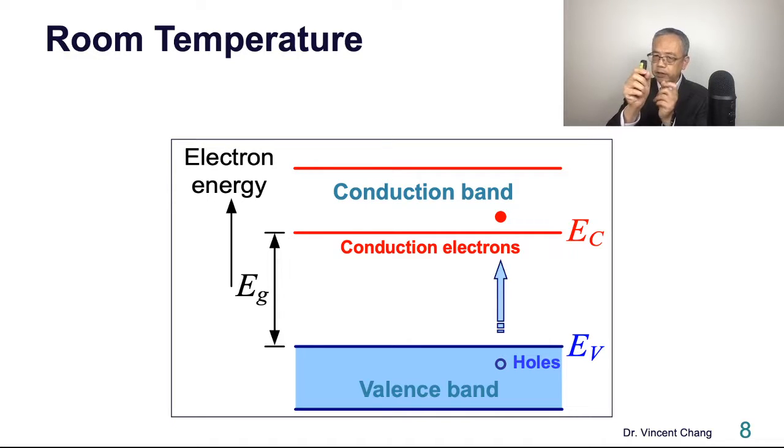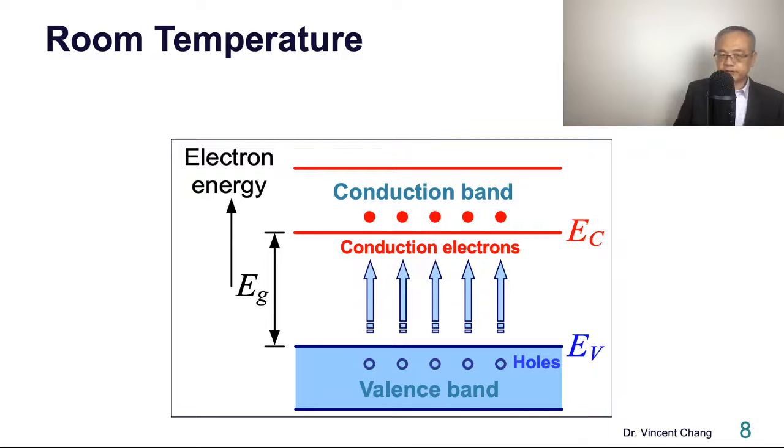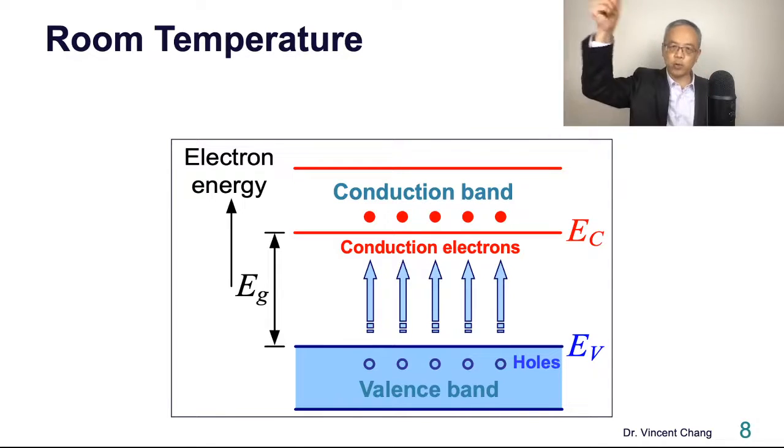But anyway, now at room temperature, an electron-hole pair is created, and another electron-hole pair, and another. So what is this process called? In real space, we say this is lattice vibration, and the bond is broken, creating the electron-hole pair.